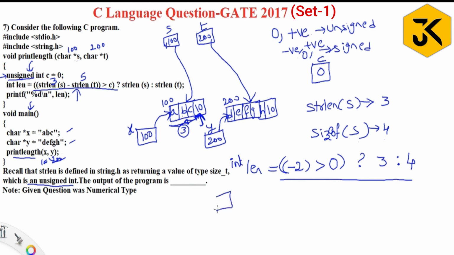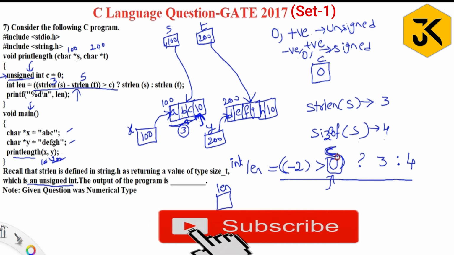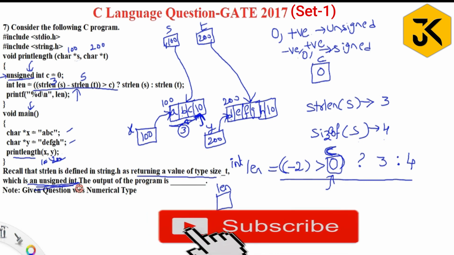The important point here is this c, which is an unsigned int. The string length function returns a value of type size_t, which is unsigned int, meaning it won't return a signed value.